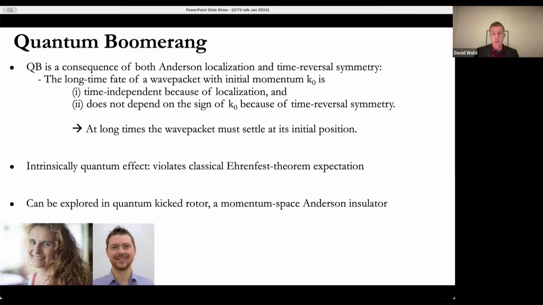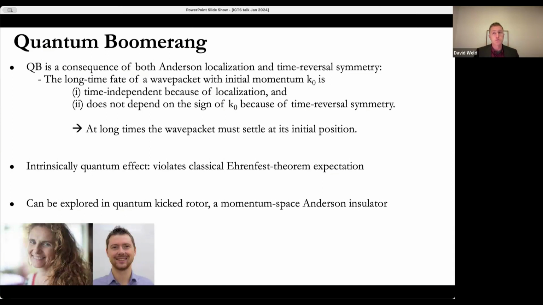The argument in sketch form says that if you create some wave packet with some finite momentum going away from you, then the long time fate of that wave packet must not be time dependent. That's a consequence of localization. That's point one. Point two is that it must not depend on the sign of the initial momentum. That's a consequence of time reversal symmetry, because if you reverse time, the momentum would have the opposite direction.